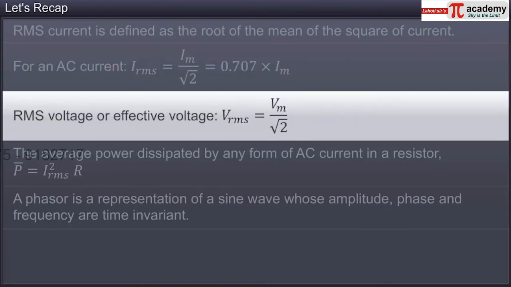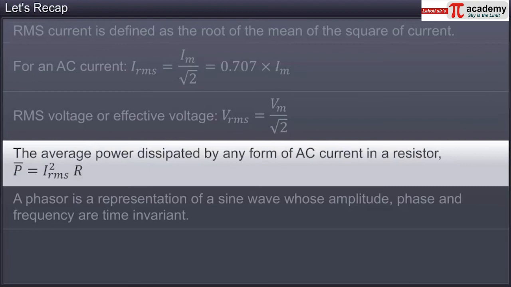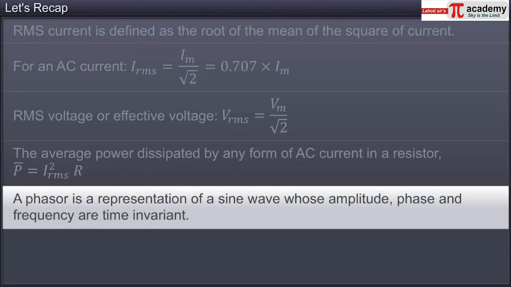RMS voltage or effective voltage, VRMS, is Vm by root 2. The average power dissipated by any form of AC current in a resistor is IRMS square R. A phasor is a representation of a sine wave whose amplitude, phase, and frequency are time invariant.